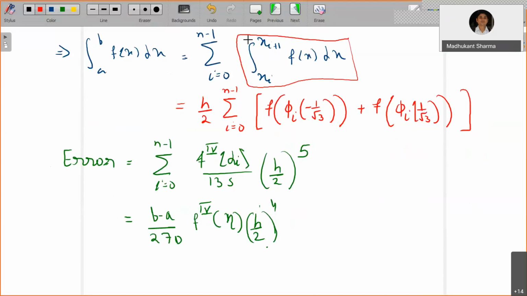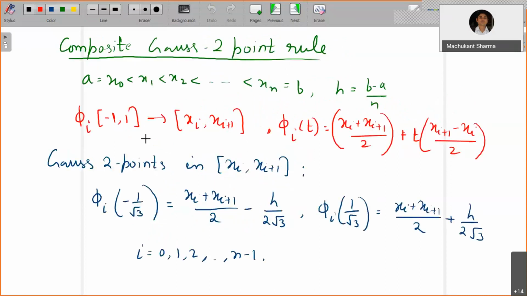So you are going to consider the affine map over the interval minus 1 comma 1. Previously it was defined as a plus b by 2 plus t times b minus a by 2.